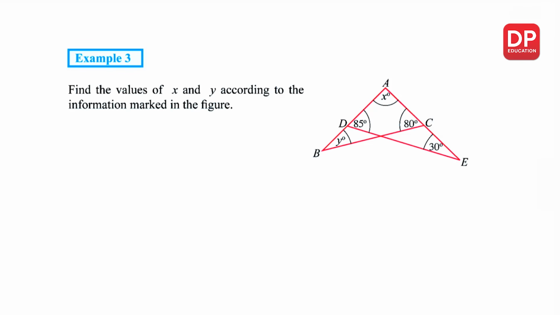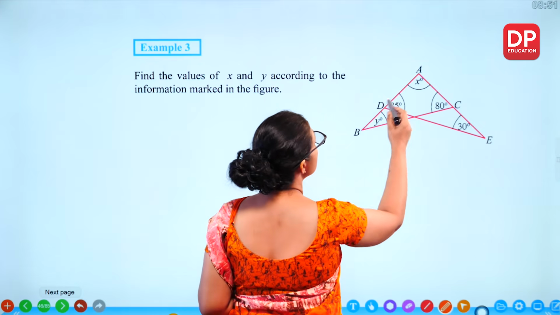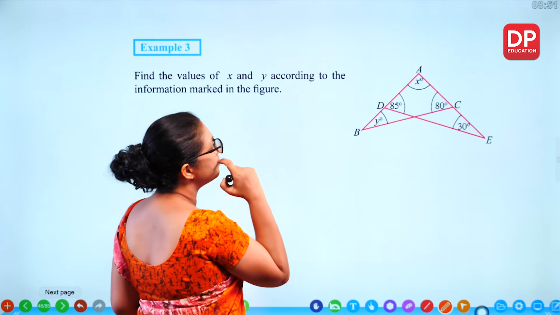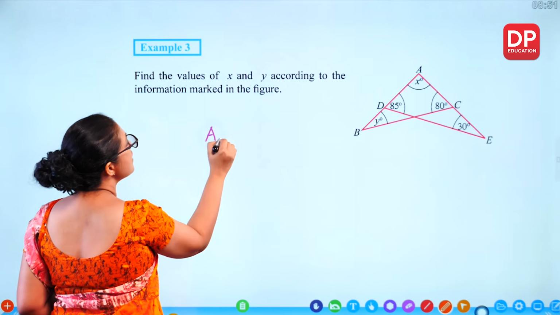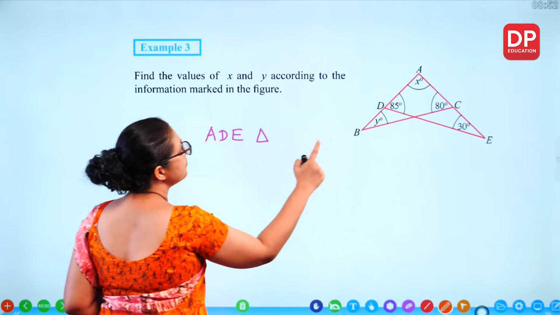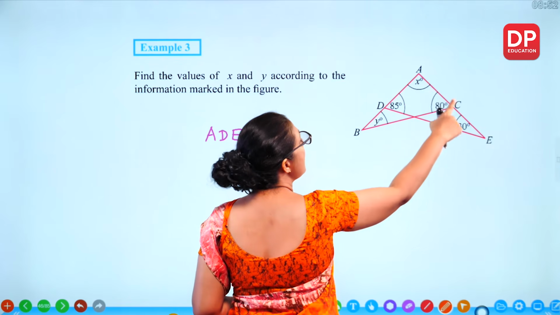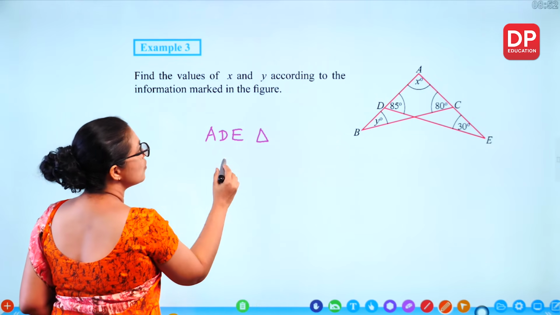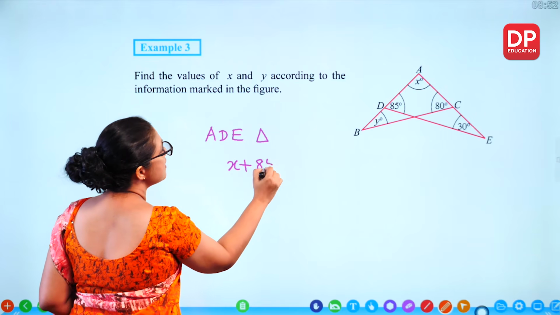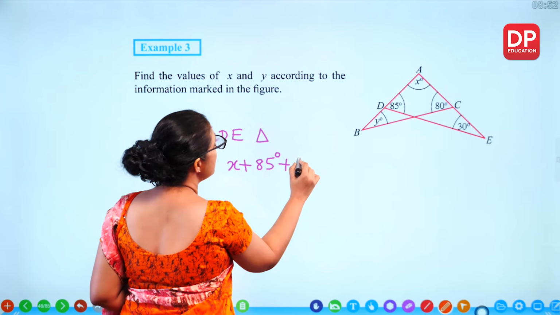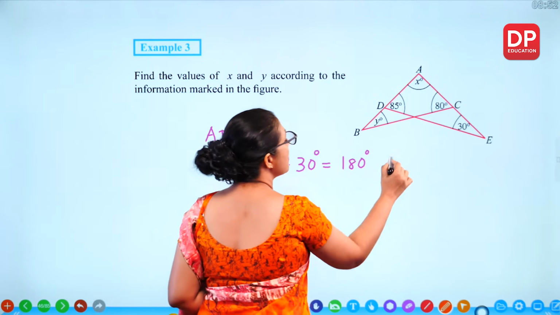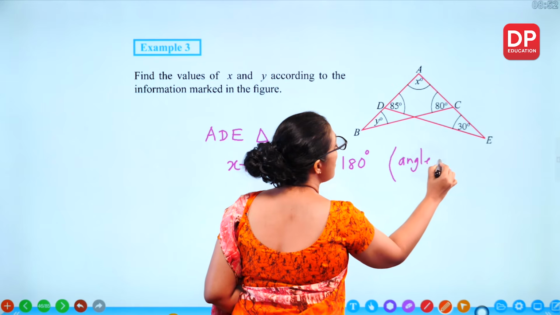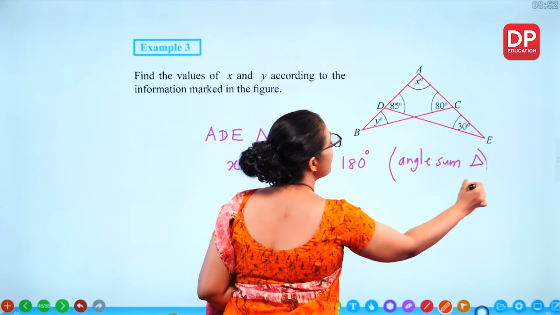Example number 3. Find the values of X and Y according to the information marked in the figure. So you're asked to find out X and Y value. Now take ADE triangle. What can you say when you take ADE triangle? 85, X and 30 are the interior angles. So you can write X plus 85 plus 30 degrees is equal to 180 because of angle sum of a triangle.